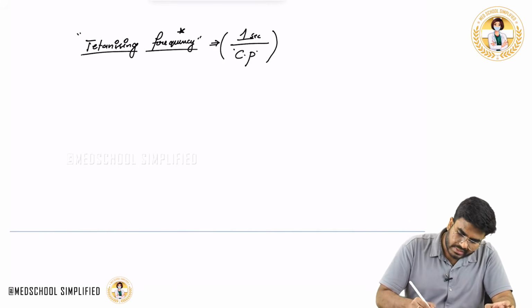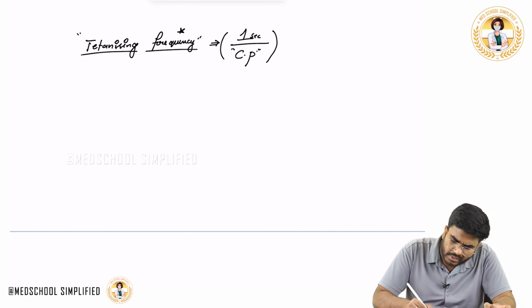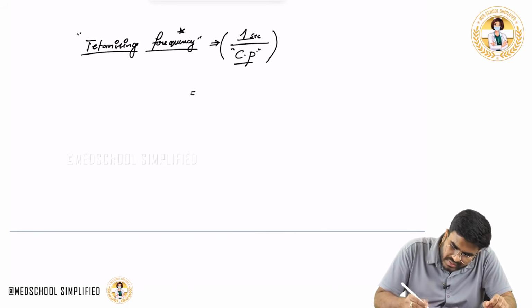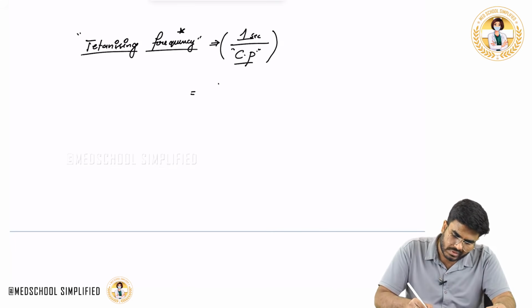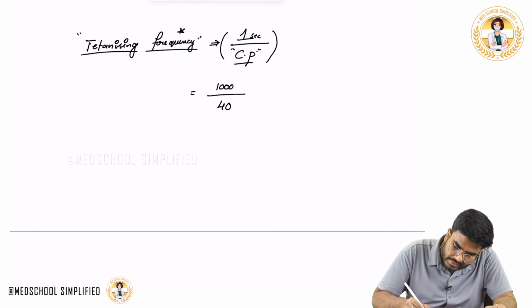For example, take a normal contraction period of 40 milliseconds. 1 second is 1000 milliseconds, so 1000 divided by the contraction period of 40 milliseconds is 25 hertz.